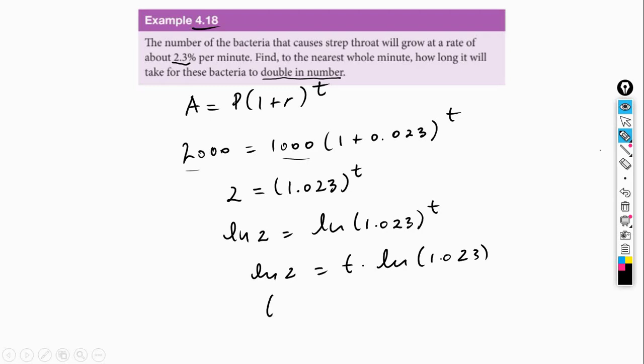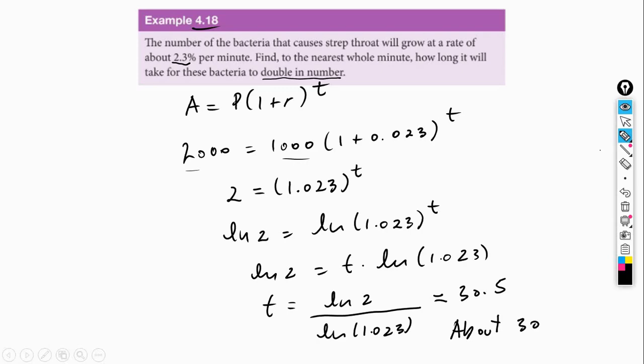And then finally we have that t is equal to the natural logarithm of 2 divided by natural logarithm of 1.023. And this gives us approximately 30.5. So we would say, to answer, about 30 minutes.